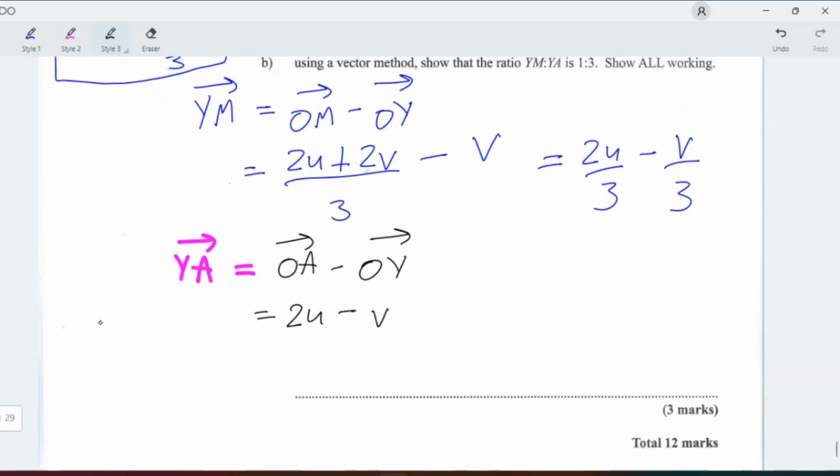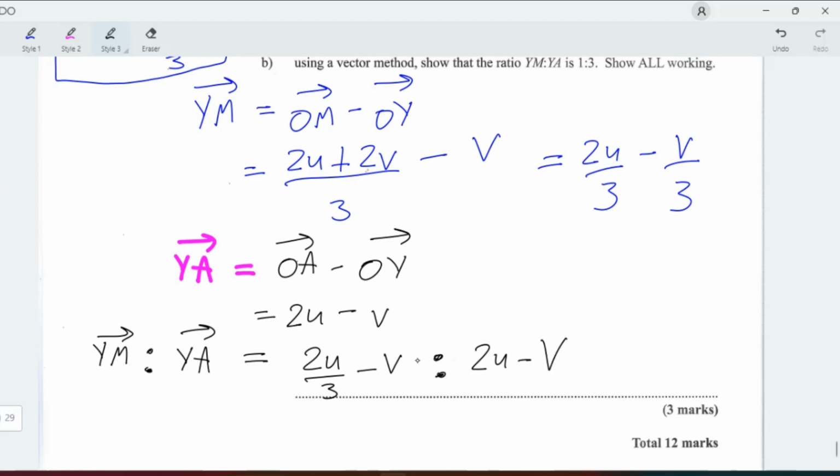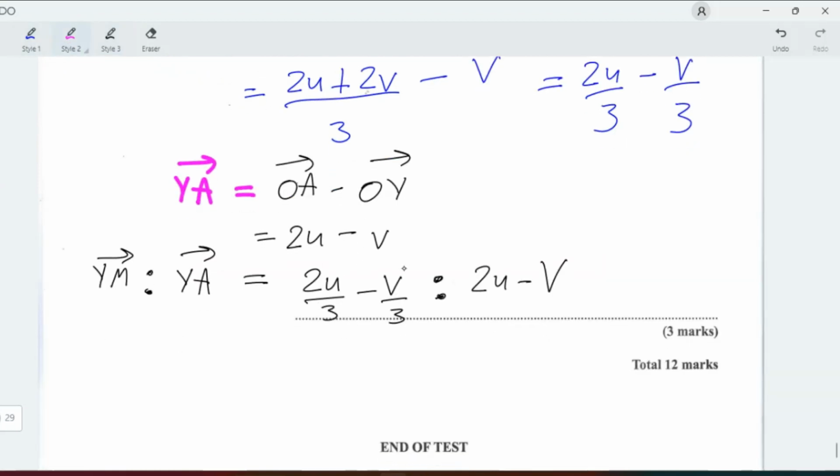So now the ratio of YM to YA is equal to 2U over 3 minus V to 2U minus V. To show by a vector method that this is indeed 1 to 3, look at 2U over 3 minus V over 3.